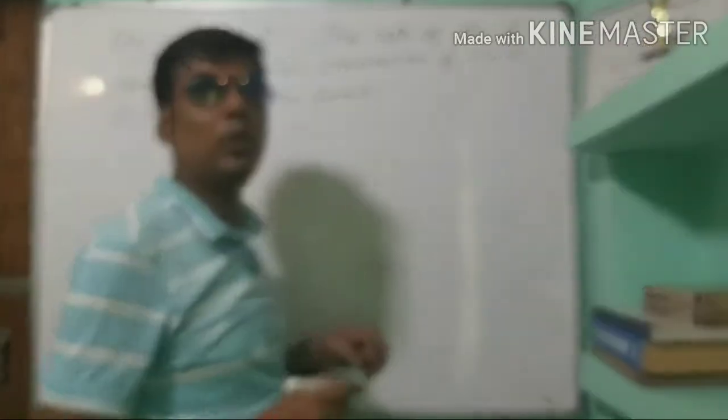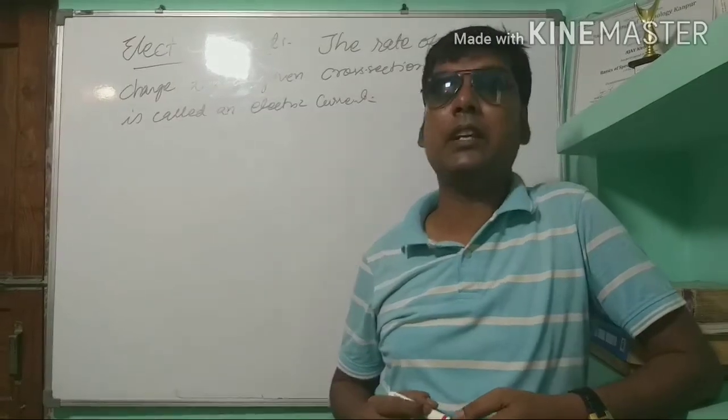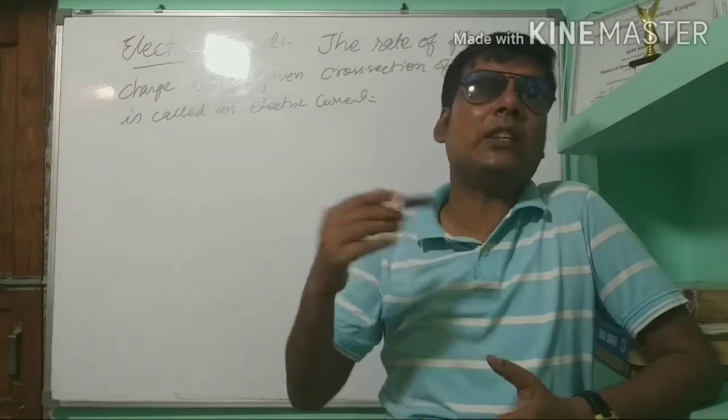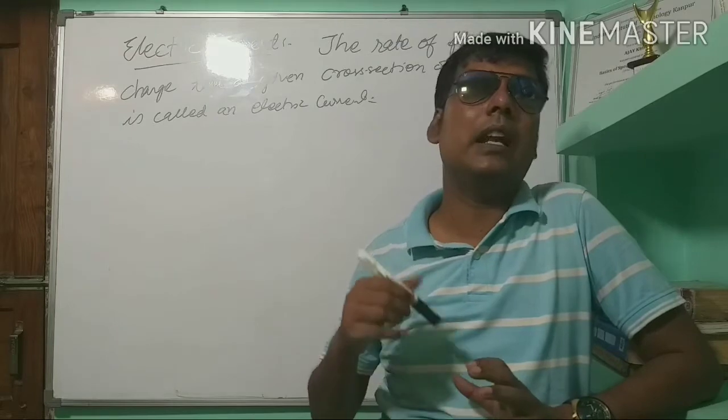Okay. So, the rate of flow of charge through any cross section of wire is called electric current flowing through that conductor.